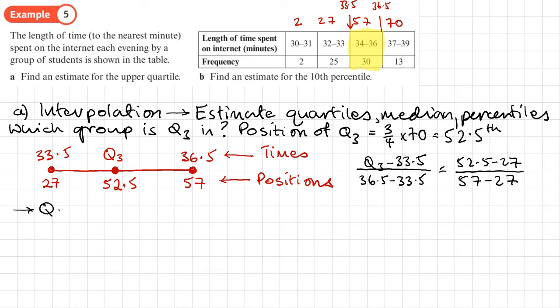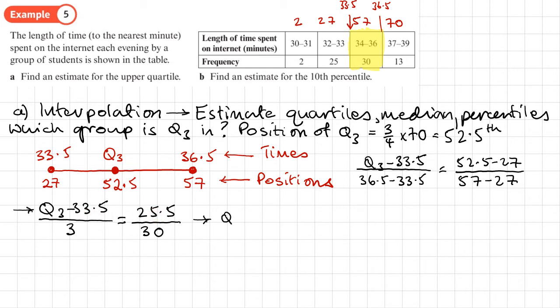So Q3 minus 33.5 over, then 36.5 minus 33.5 is 3. And then 52.5 minus 27 is 25.5. And then 57 minus 27 is 30. We can then multiply both sides by 3 and then add 33.5.